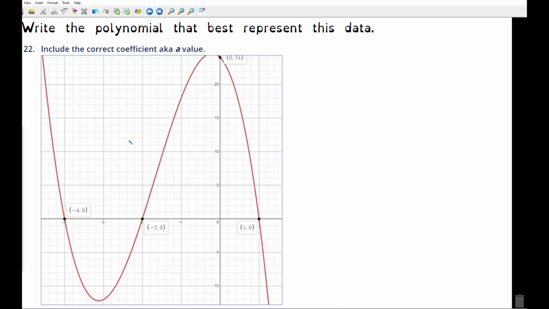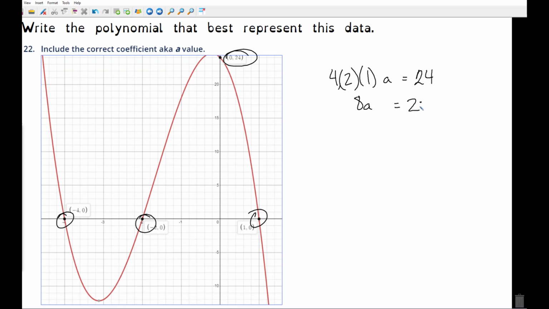So when we're looking at this next question, we can see that our a is negative because the right-hand side is going down. And so we're now going to try to figure out what value we need to have for a. So we're going to take our numbers, 4, 2, 1, multiply those together, times something is going to equal our 24. And so that's going to be 8 times a is equal to 24.